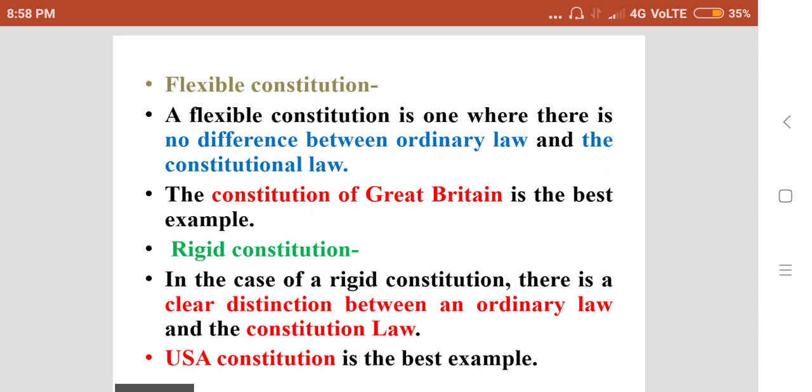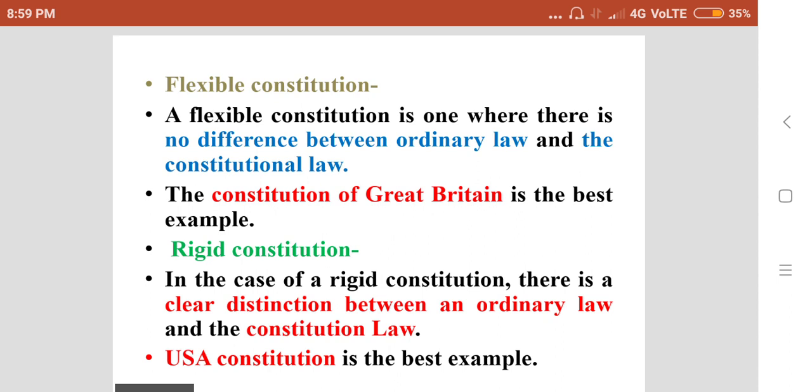Flexible constitution. A flexible constitution is one where there is no difference between ordinary law and the constitutional law. So there is no difference between the ordinary law and constitutional law, and also the flexible constitution can be amended easily whenever required.